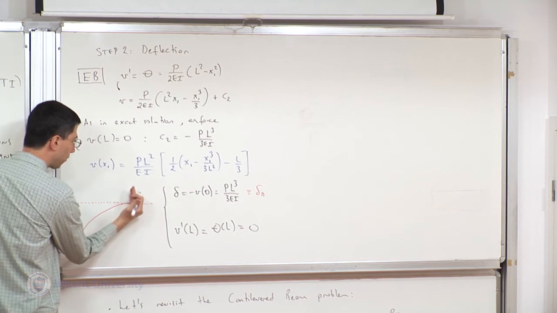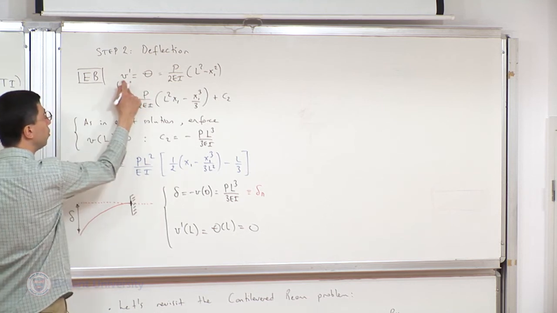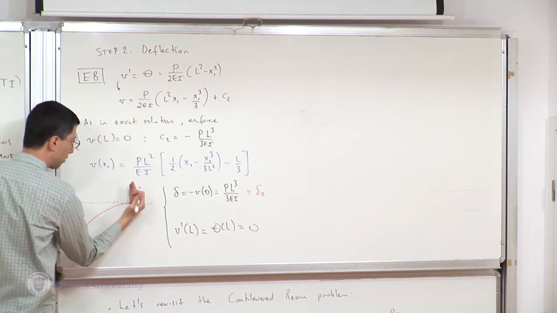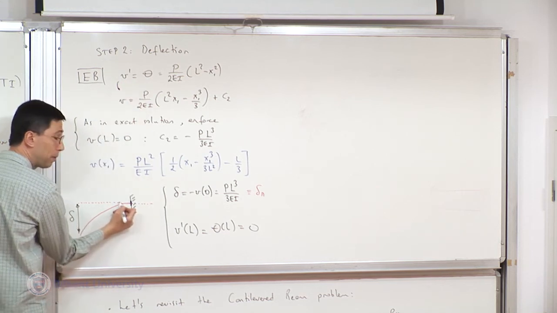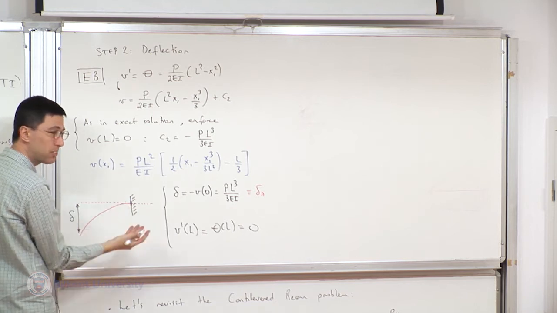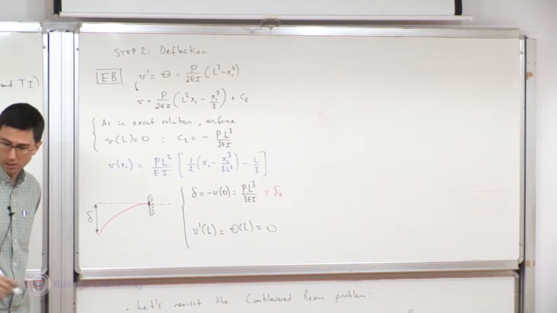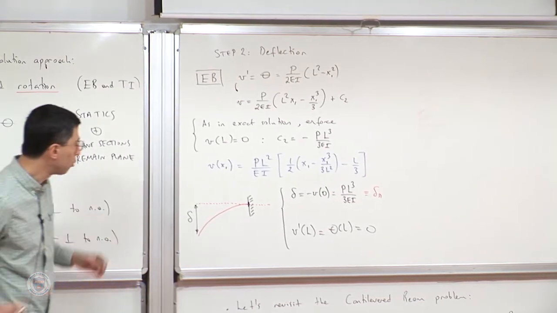The rotation of the line is equal to the slope of the deflection in the Euler-Bernoulli beam theory. So if this line does not rotate, then the slope here is also equal to 0. But that's not the case in the Timoshenko beam theory, and that's also intrinsically not the case in the analytical solution. Therefore, I should have been a little bit more careful. But now I'm going to correct that.